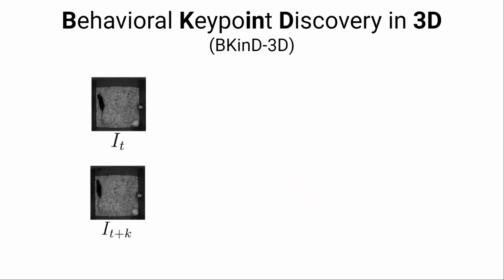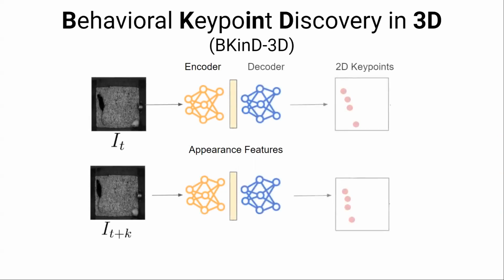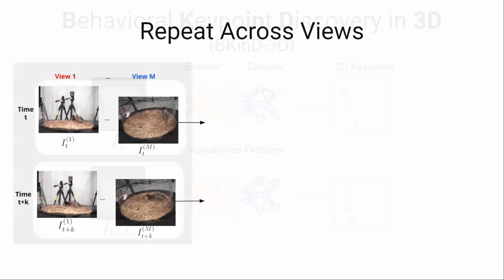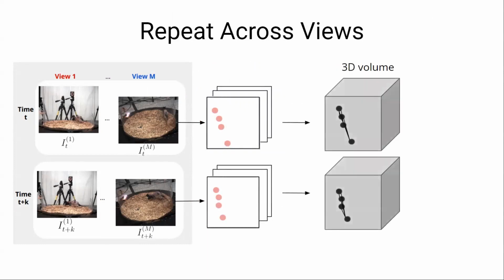We start with a frame at I sub t and a future frame I sub t plus k, which is then fed through a shared encoder. Then these appearance features are fed through a decoder in order to obtain 2D heat maps, which encode the 2D key points. We then repeat this across all the camera views to obtain multiple 2D heat maps. We then aggregate these 2D heat maps into a 3D volumetric bottleneck, which is then processed with a V2V volume-to-volume network.